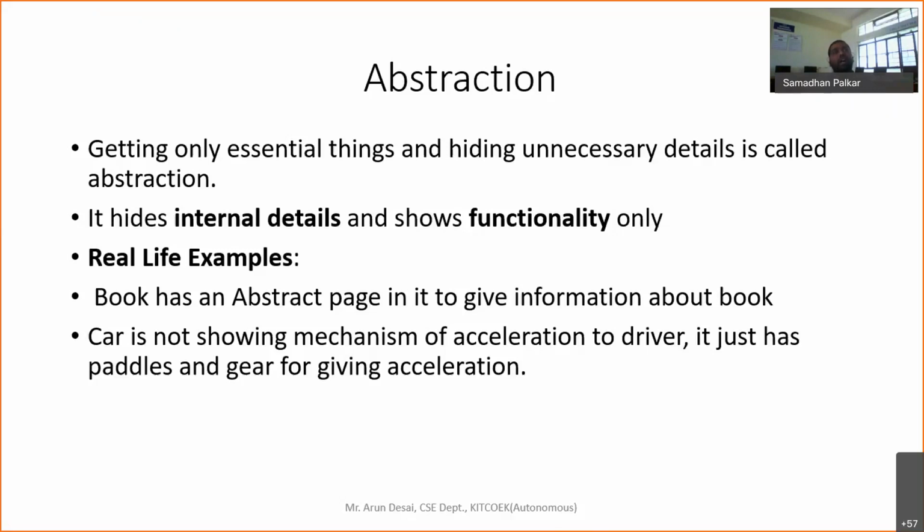Whatever is required to accelerate the car is the requirement of the driver, so the gear handle and pedals are provided as a facility to the driver. This is also called abstraction, in the case of a car. Those are some real life examples of abstraction.